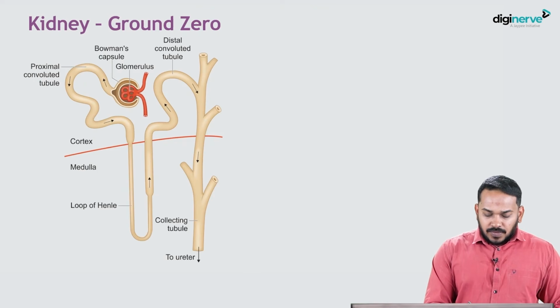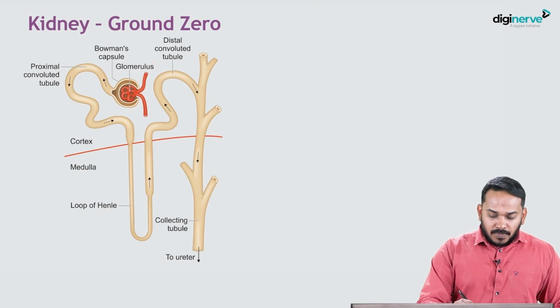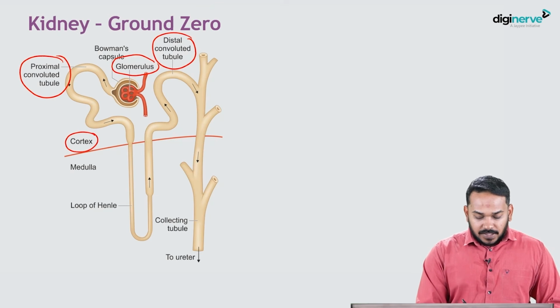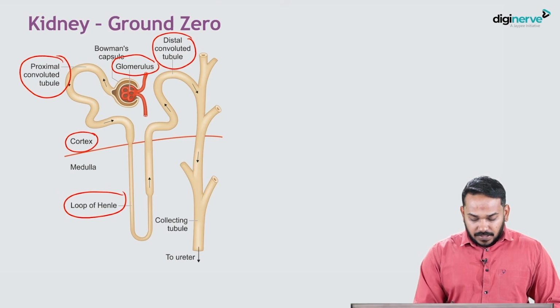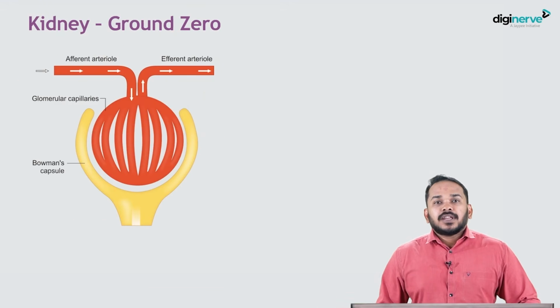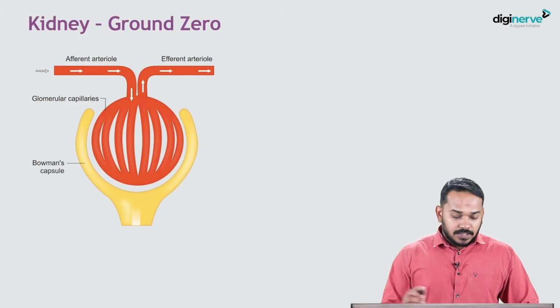So if you see the glomerulus, the proximal convoluted tubule and the distal convoluted tubule, they are located in the cortex, whereas the loop of Henle and the collecting tubule are located in the medulla. The most important filtering aspect of the nephron is the glomerulus.